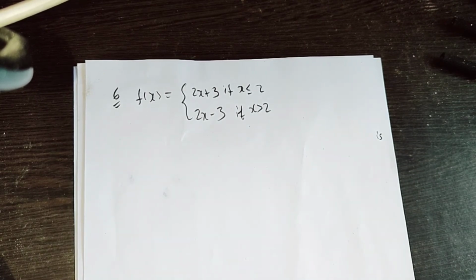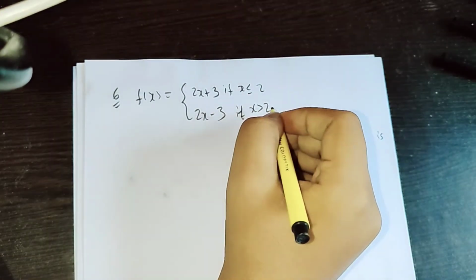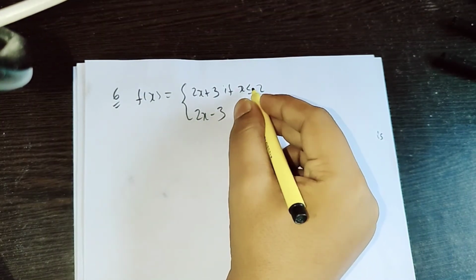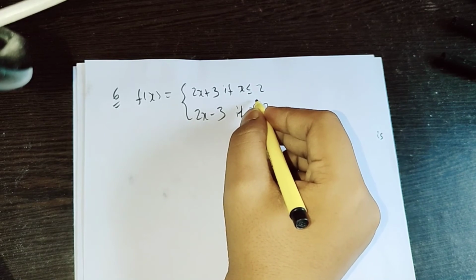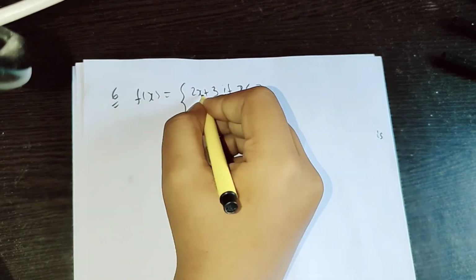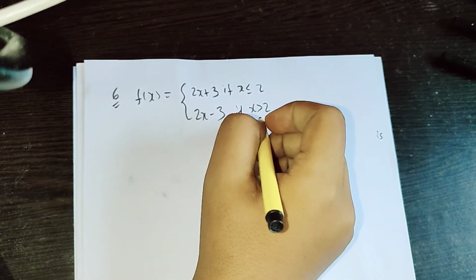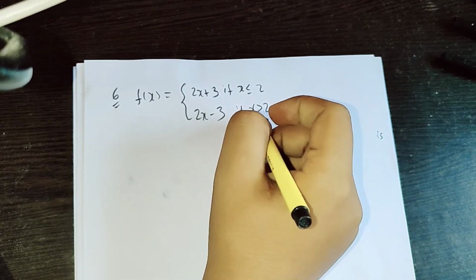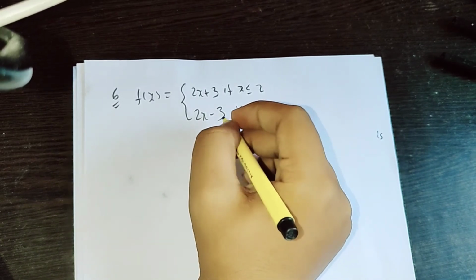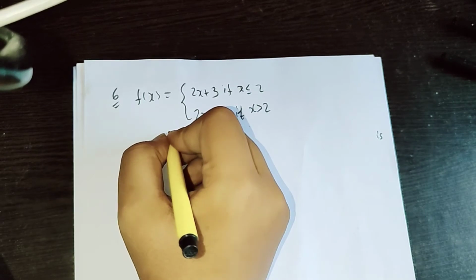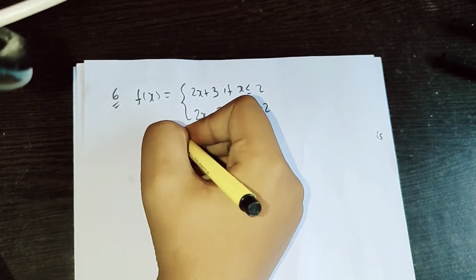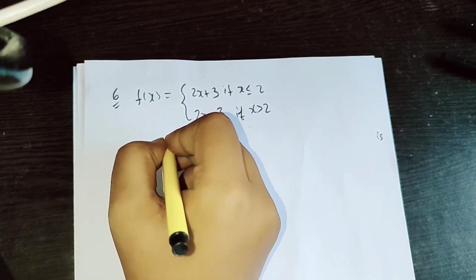As you can see, its nature is changing at x equals 2, because if the value of x is less than 2, then the function becomes 2x plus 3, and if x is greater than 2, it becomes 2x minus 3. So we will calculate its continuity at x equals 2.